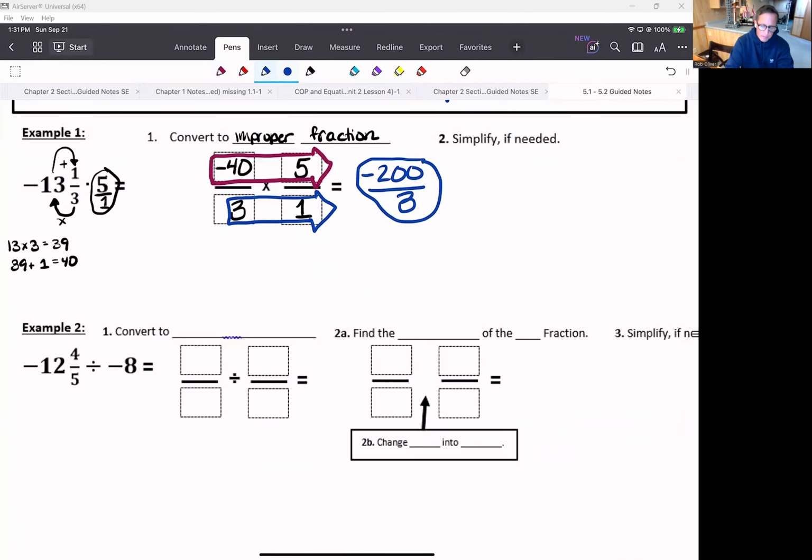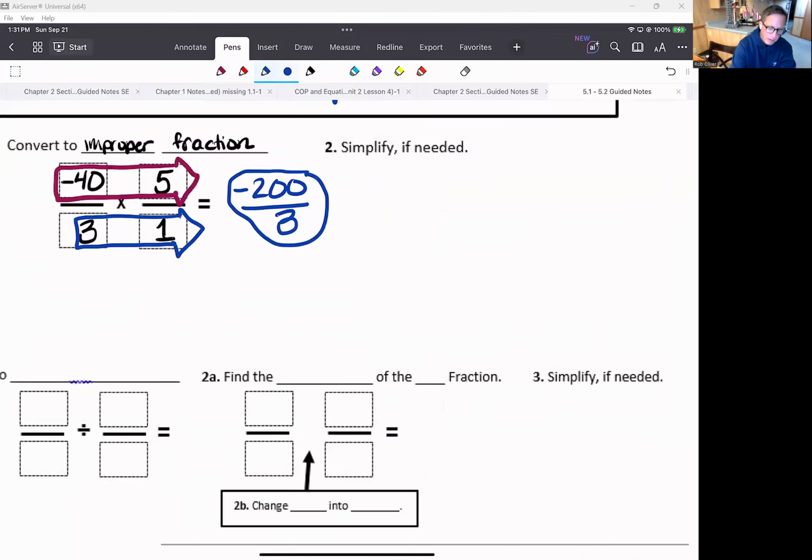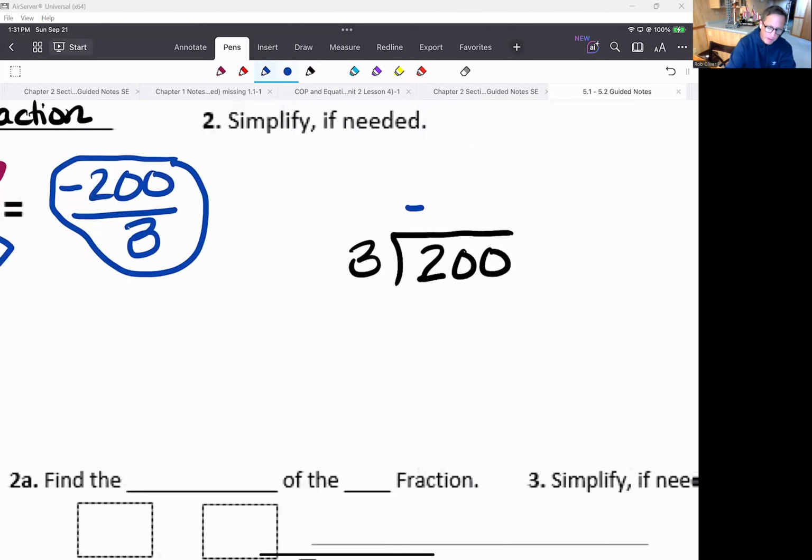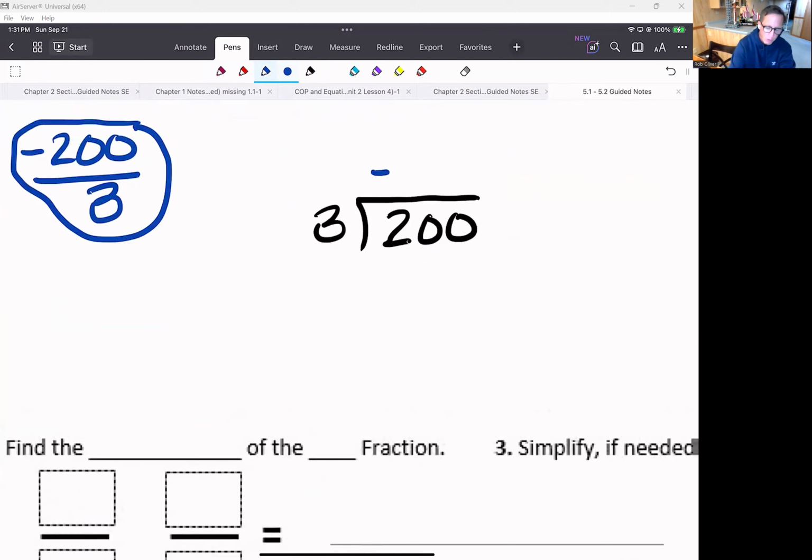You know what? I might as well show you. If you have to change it into a mixed number, I'm going to do top divided by the bottom. We know this is going to be negative, so I'm just going to put a negative up there, and start dividing. So 3 divides into 20 6 times, right? 7 would be too much. That'd be 21. So 6 times 3 is 18.